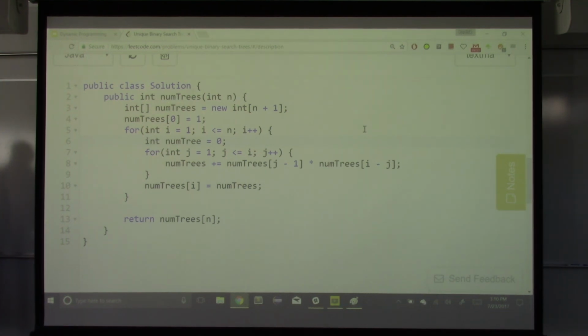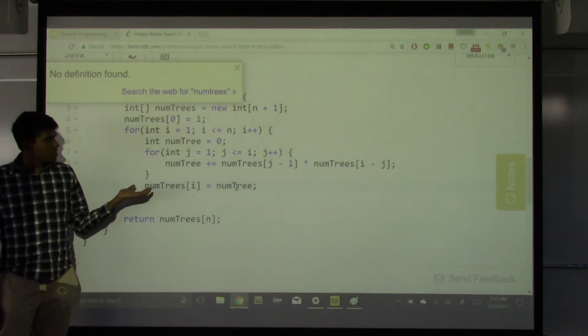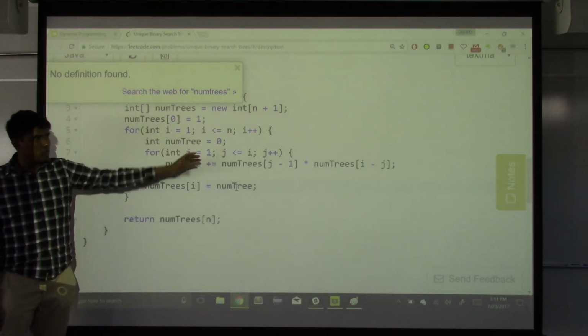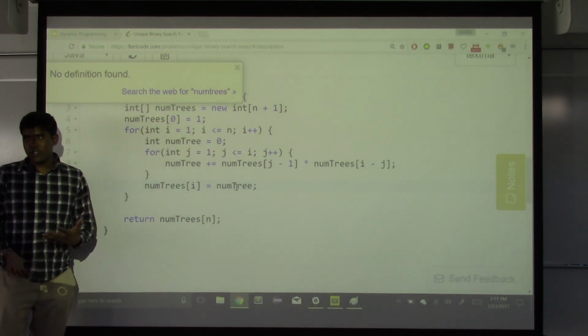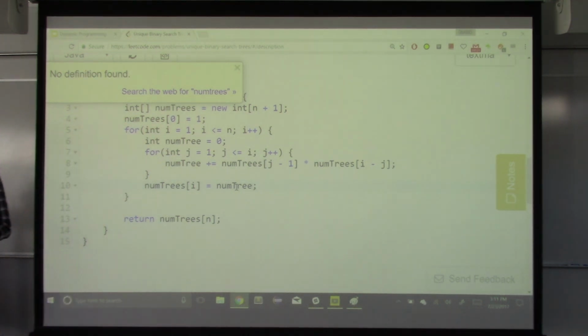This is your num tree. It's not number of subtrees, by the way. This num tree is basically calculating all the trees from 1 to i, all the trees that you can make from 1 to i. So yeah, just this.